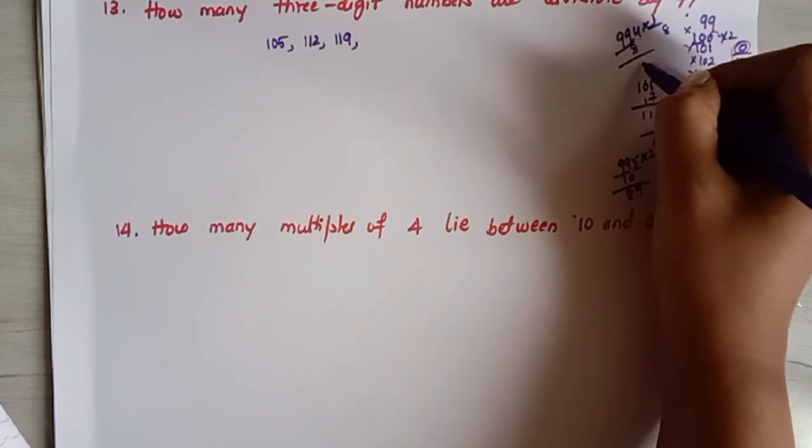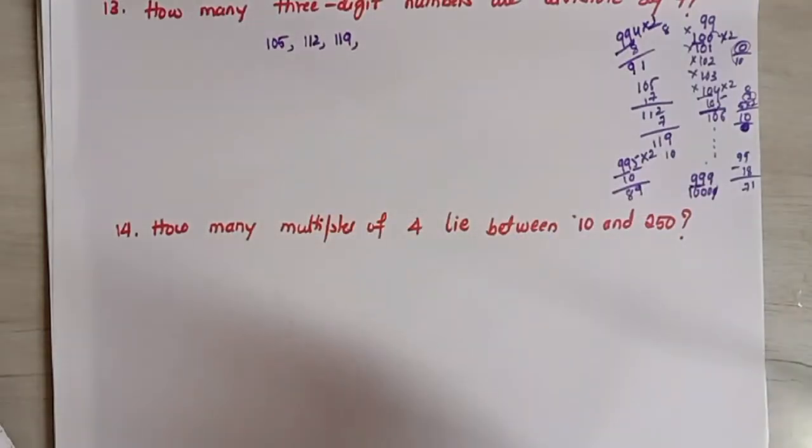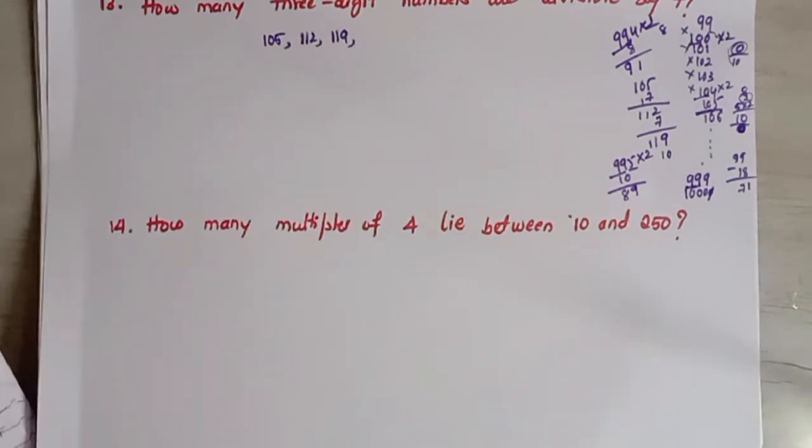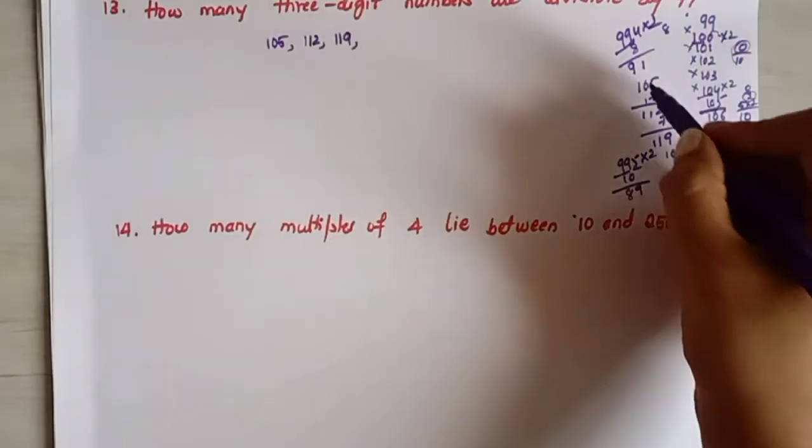So 9 minus 8 is 1, and the other 9 remains, so we get 91.